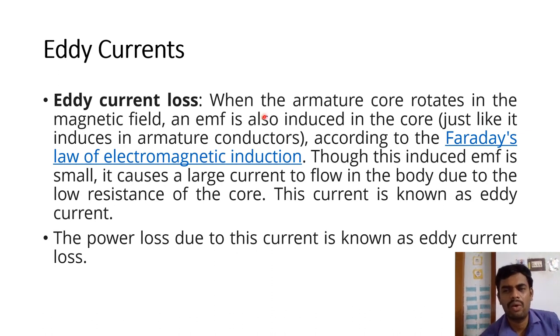When the armature core rotates in the magnetic field, an EMF is induced in the core according to Faraday's laws of electromagnetic induction. Though this induced EMF is small, it causes a very large current to flow in the body, due to the low resistance of the core. This current is called eddy current, and the power loss due to this current is called eddy current loss.